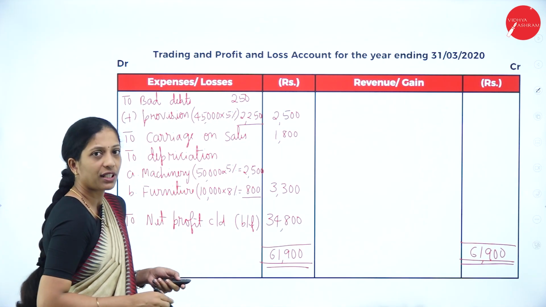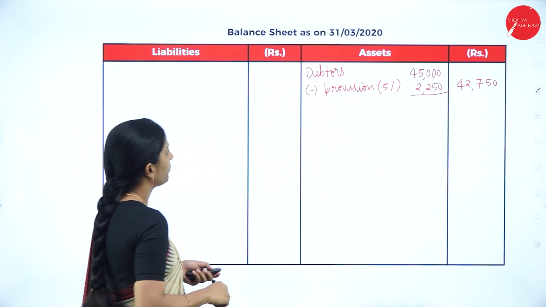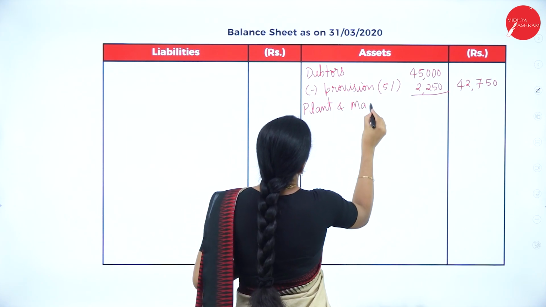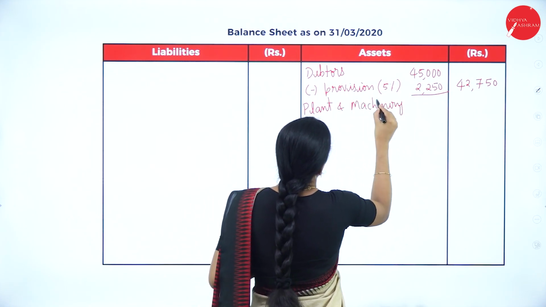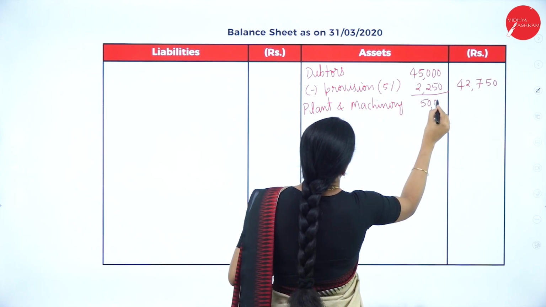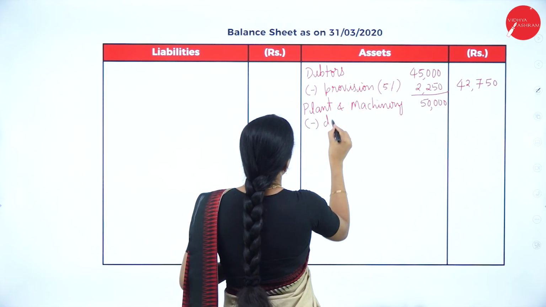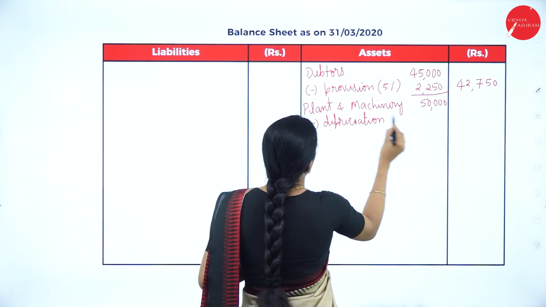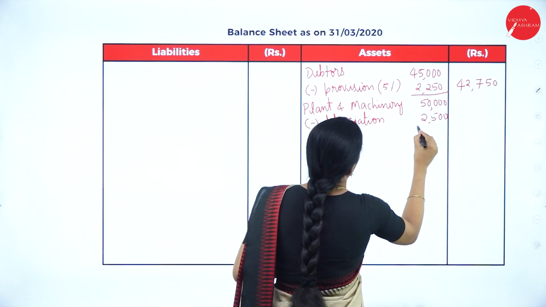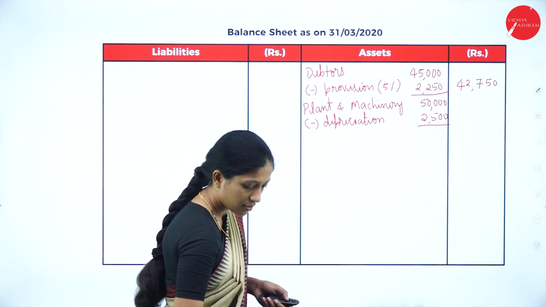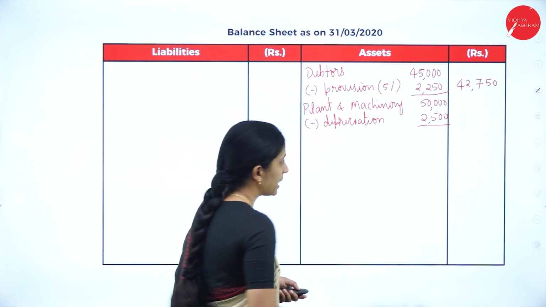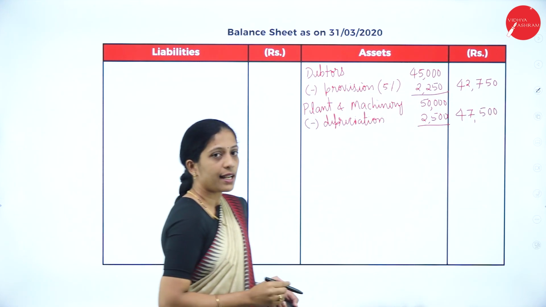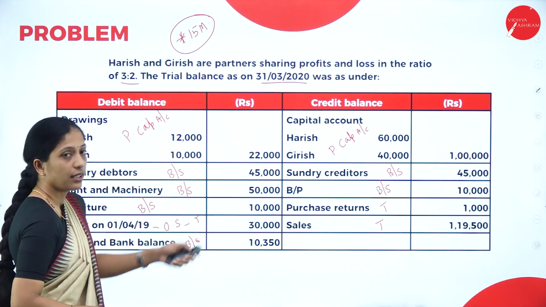So, plant and machinery is 50,000 minus depreciation 2,500. So this will be 47,500. Next one, after this we have furniture, 10,000.